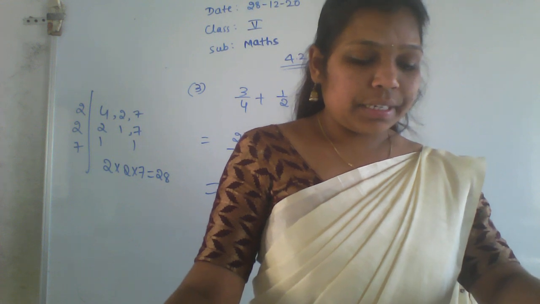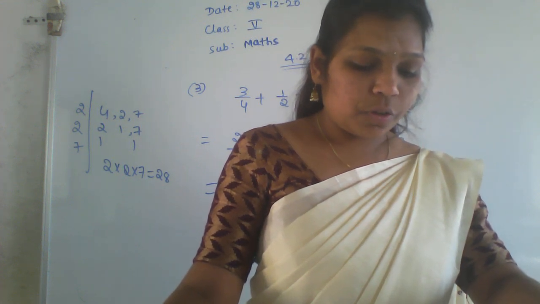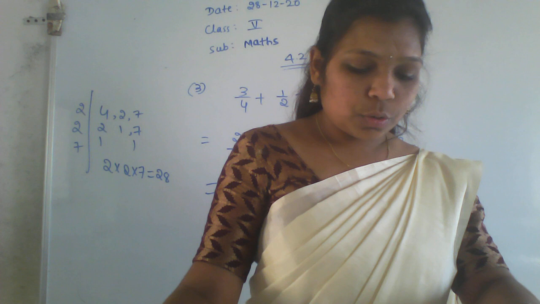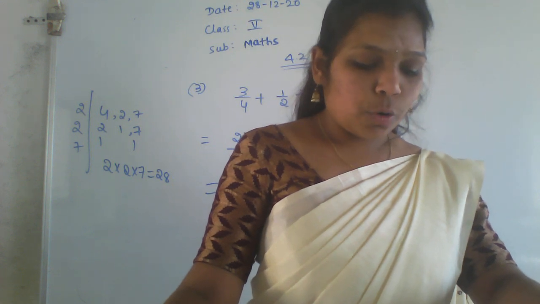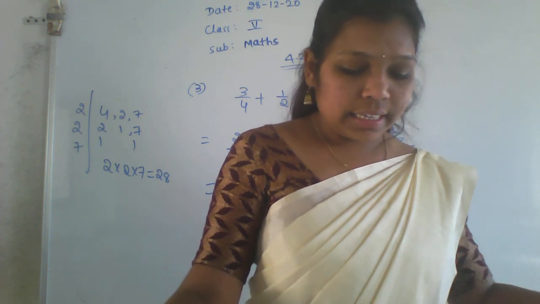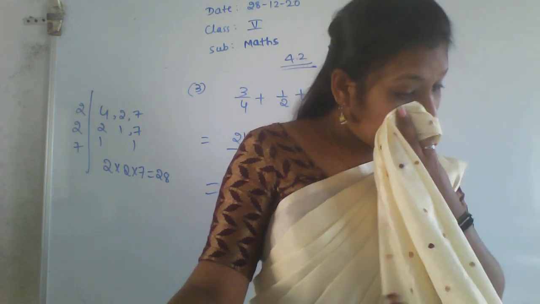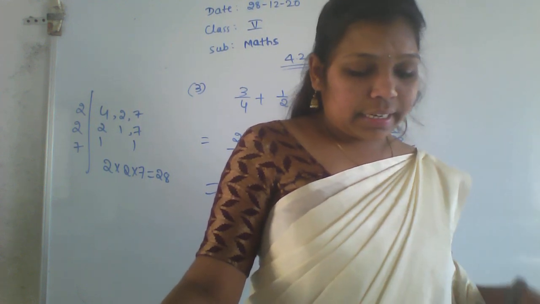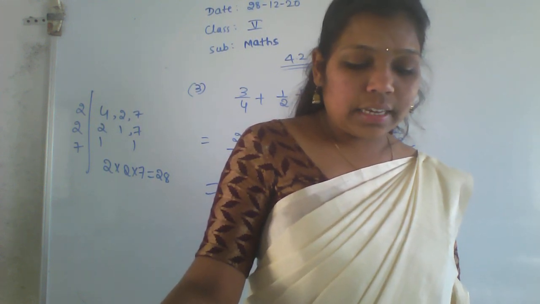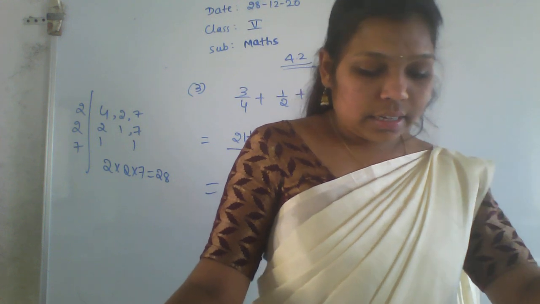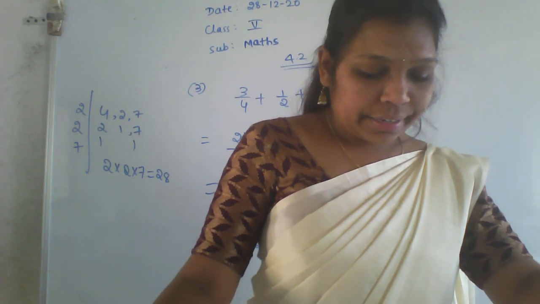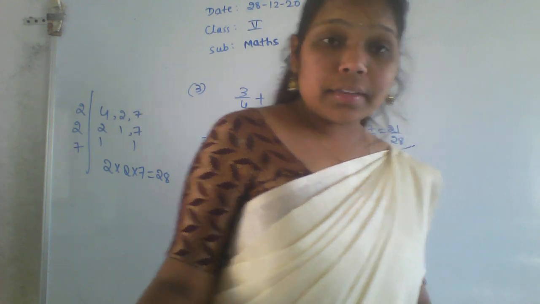In butter you have to subtract the baking powder. That is 3 by 5 minus 2 by 7 you have to do.